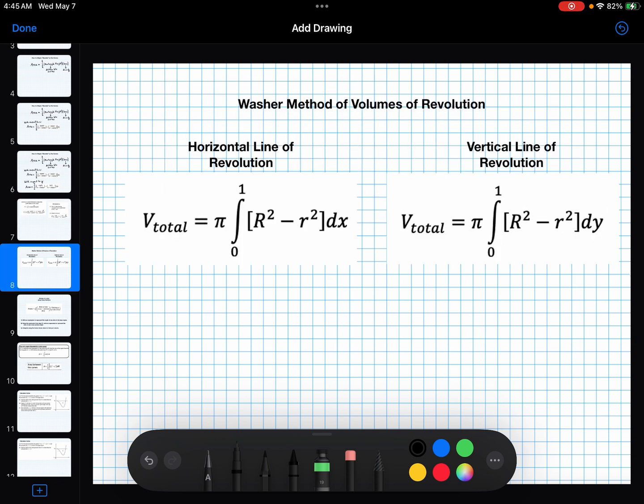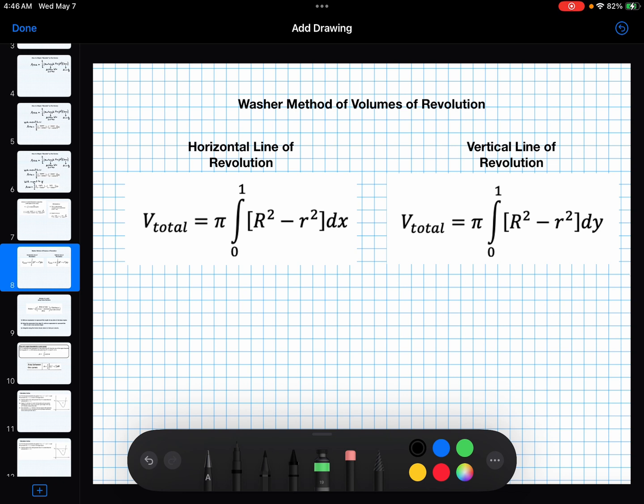If there is a gap between those things, we have to do two volumes of cylinders and subtract the gap cylinder from the outer solid cylinder. And that's the formula here. You need a big R and a little r. The thing that's important to remember here, when you draw your radius line segments, again, back to area, those line segments were the same line segments you would draw to represent the height of one rectangle.